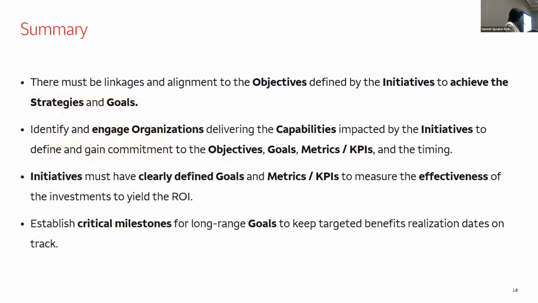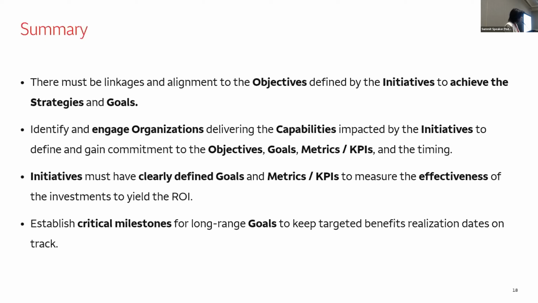So in summary, it is very important to have linkages and alignment to your objectives, the initiatives that achieve your strategies and goals. Make sure you identify the organizations that deliver the capabilities impacted by the initiatives. And then to also define the objectives, goals, and metrics, and also agree upon the timing for the benefits realization.